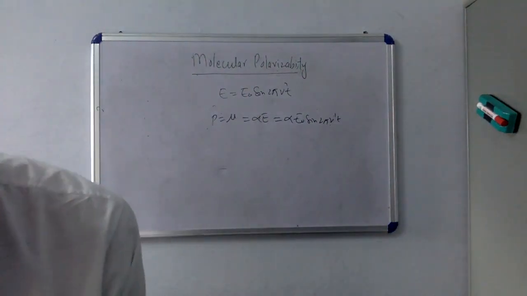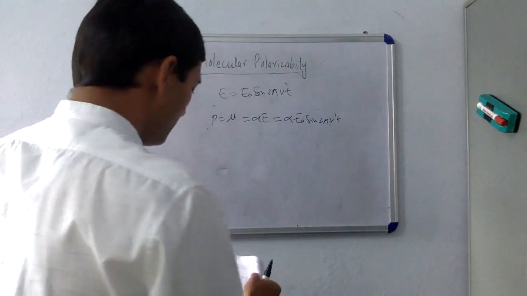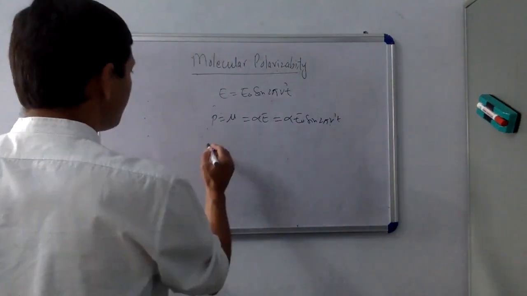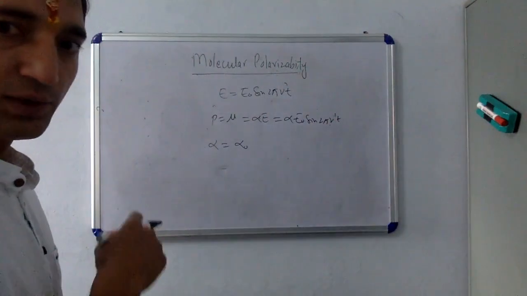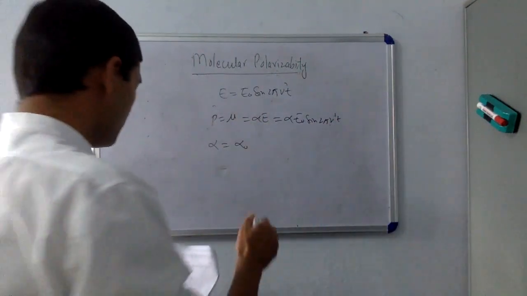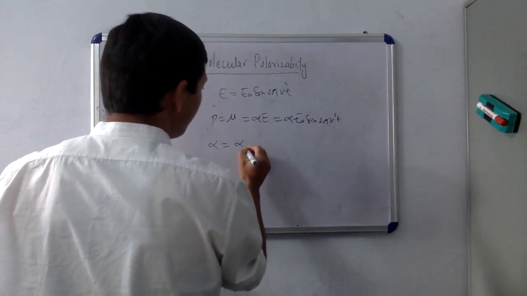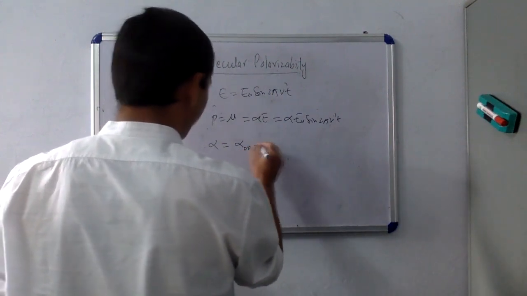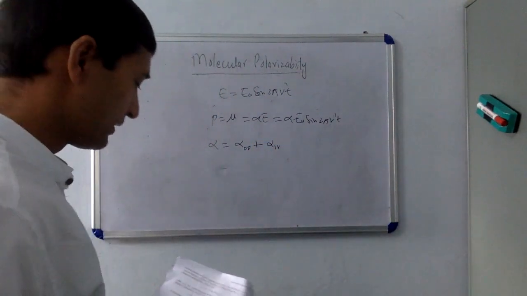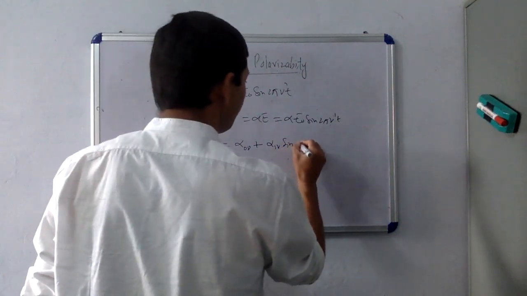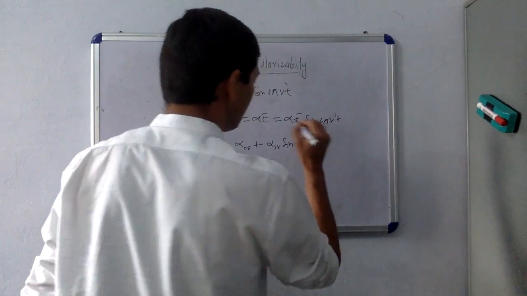For example, considering the vibrational case, alpha is equal to alpha naught, that is what the field is producing, or, if you remember, we wrote alpha naught of vibration plus alpha 1 of vibration sine 2 pi nu vibration t.